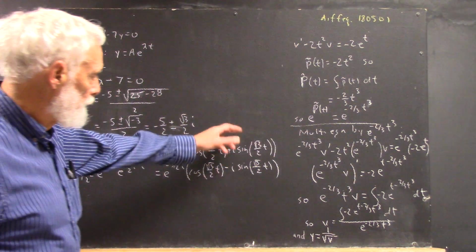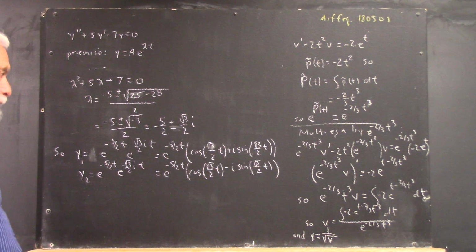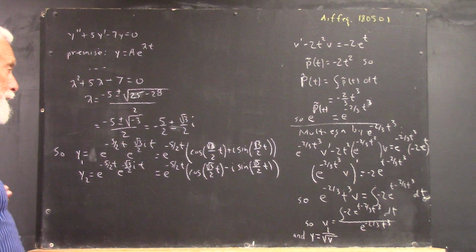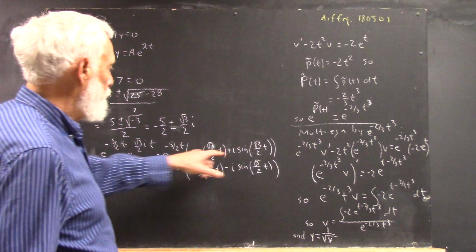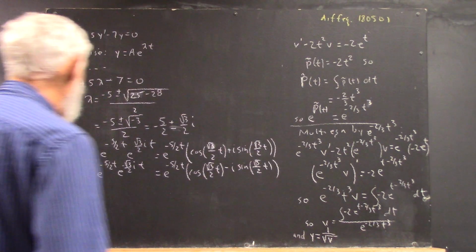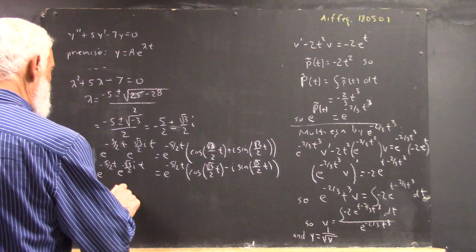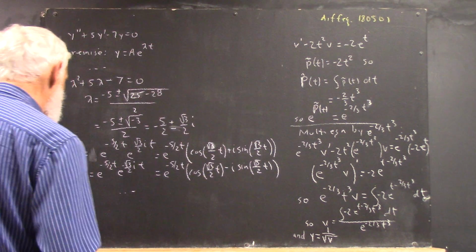And the key is the plus and the minus on the sine, which allows us, with complex coefficients, to get any linear combination of the cosine and the sine here. Okay? And I'm not going to go through the details of that because we've been through them many times.